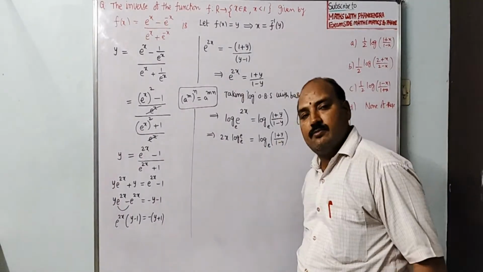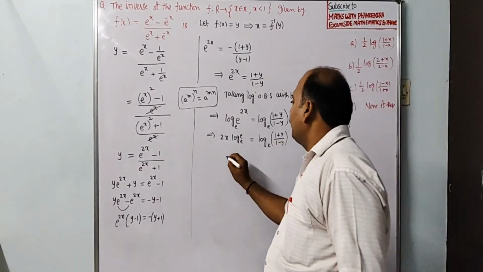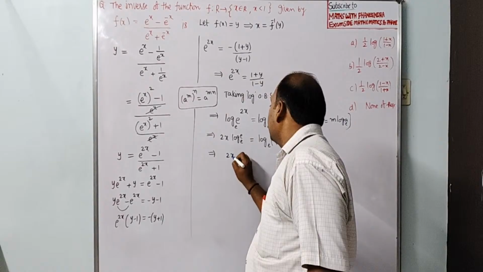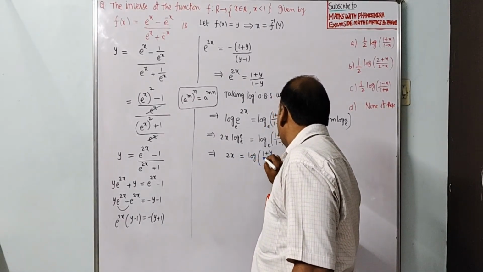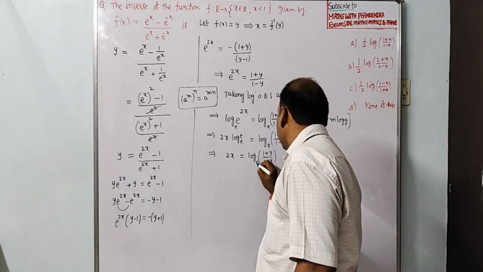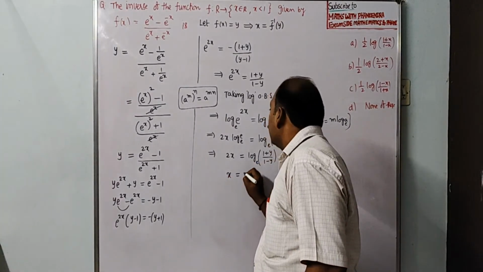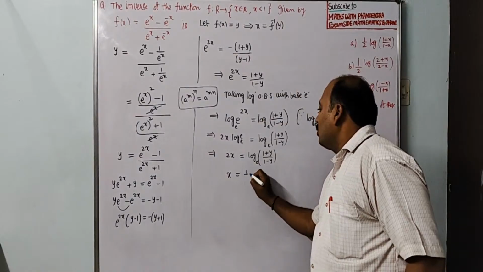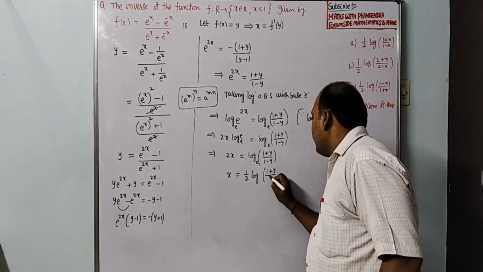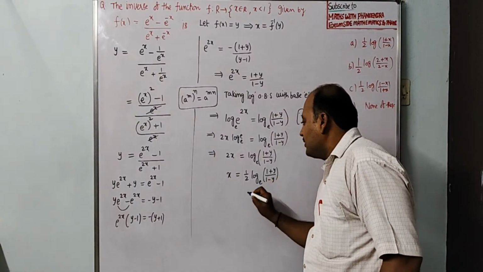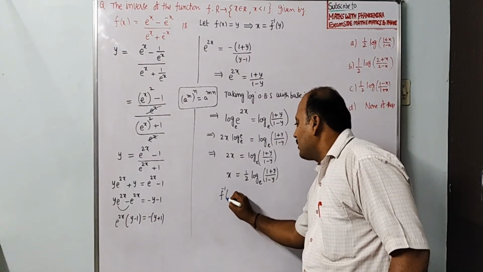Using the formula log a power m equals m into log a, it will be 2x into log e to the base e. Log e to the base e value is 1. So 2x equals log of (1 plus y) divided by (1 minus y) to the base e. But I want the x value, so x equals 1 by 2 log of (1 plus y) divided by (1 minus y) to the base e. x means f inverse of y only.